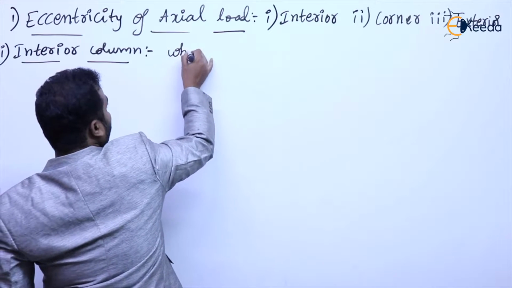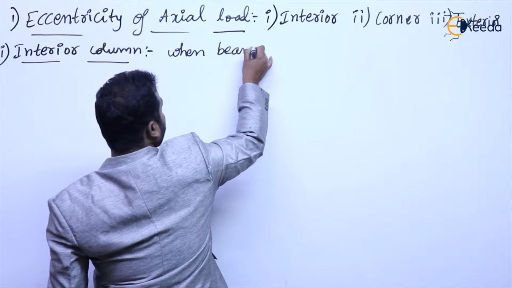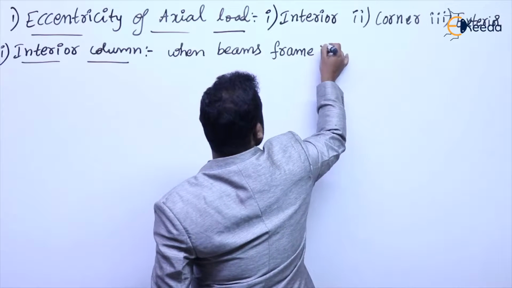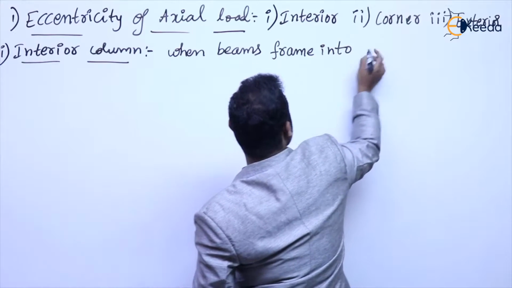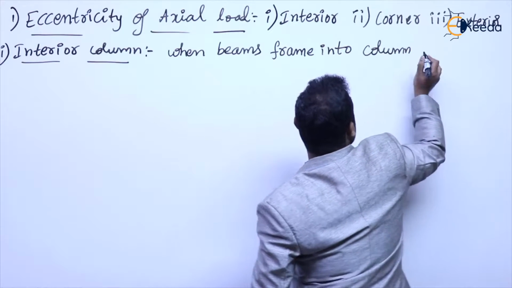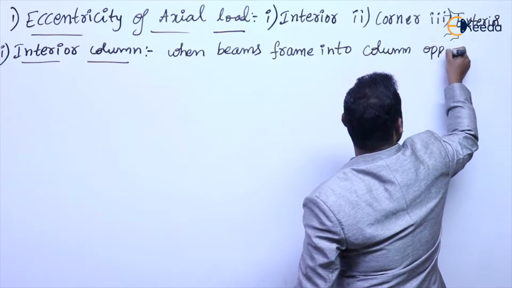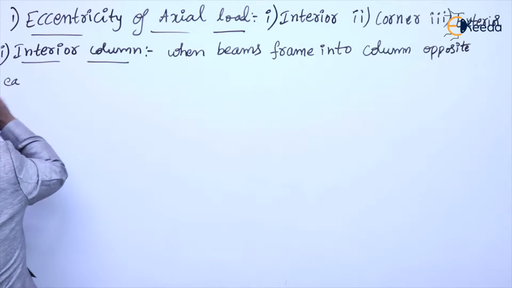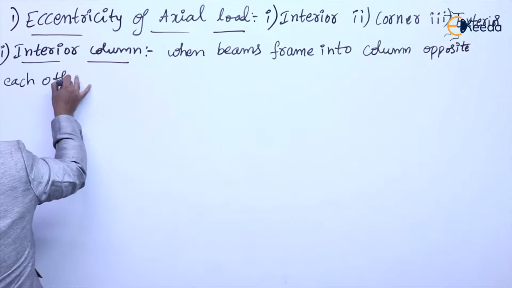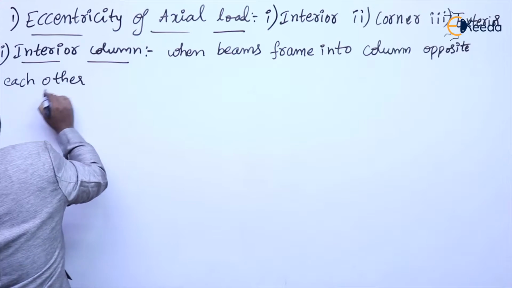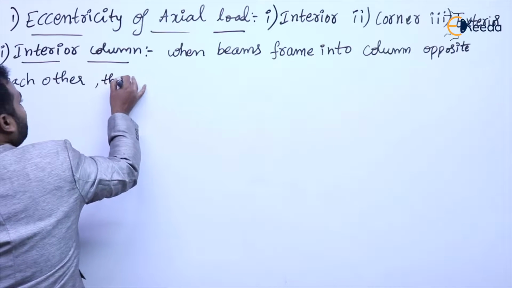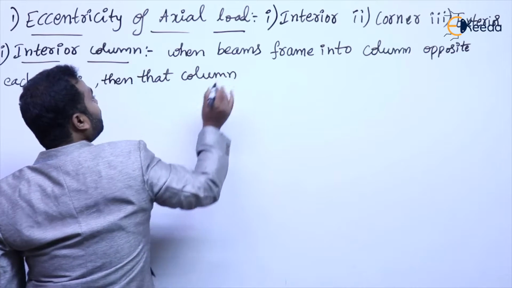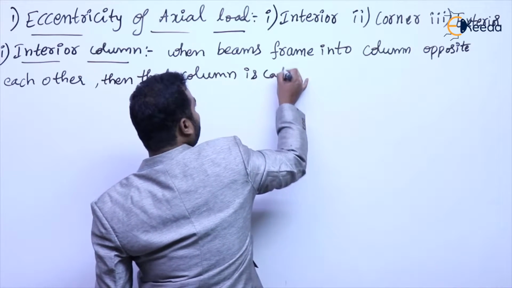When beams frame into a column opposite each other, then that column is called an interior column.